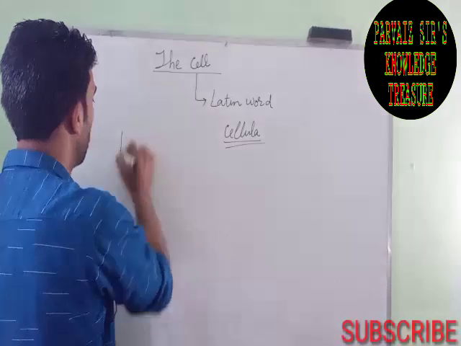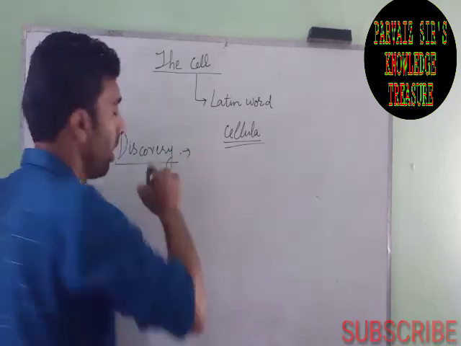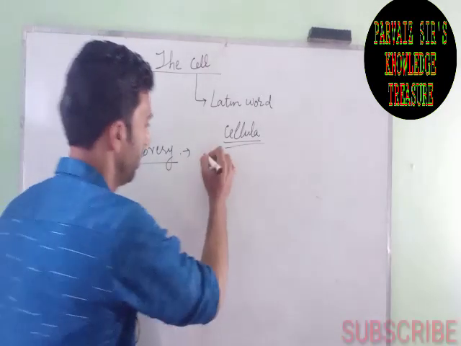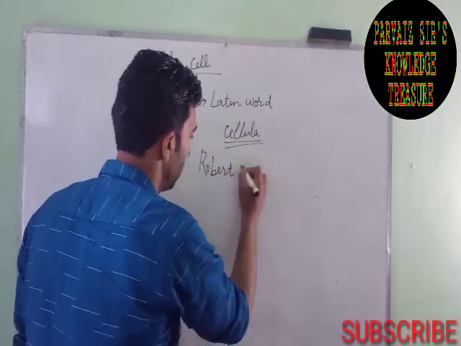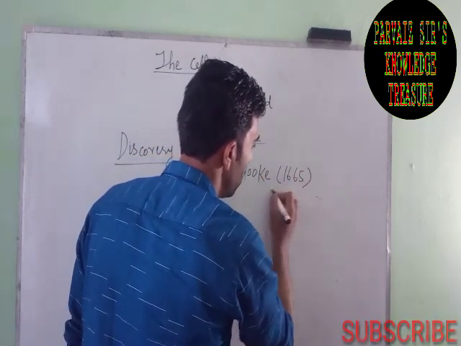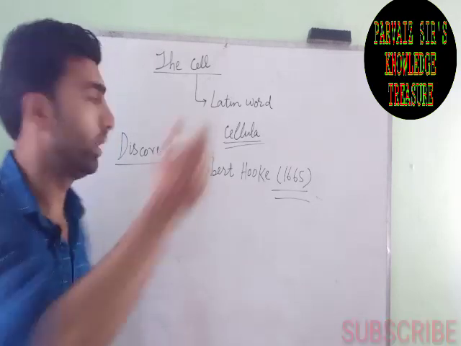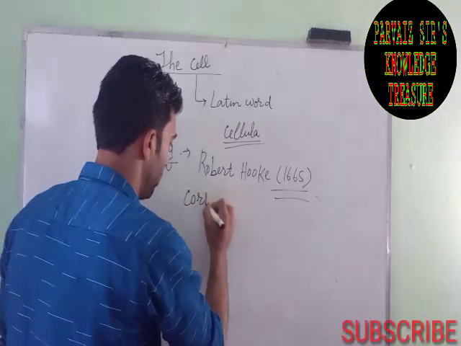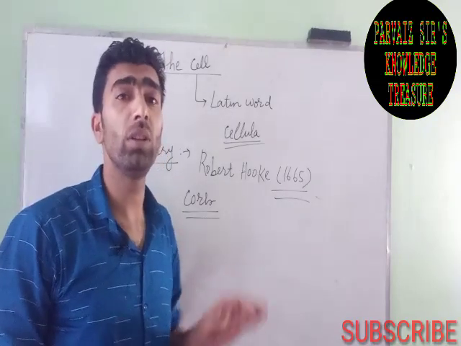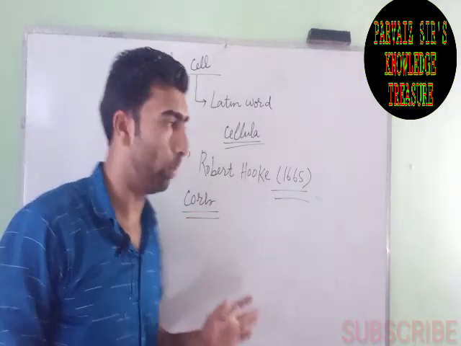Now we will talk about the discovery of the cell. Cell was discovered and named by Robert Hooke in 1665. He brought cork. Cork is the bark of a tree. And made thin slices of the cork and observed those thin slices of cork under his self-designed microscope.